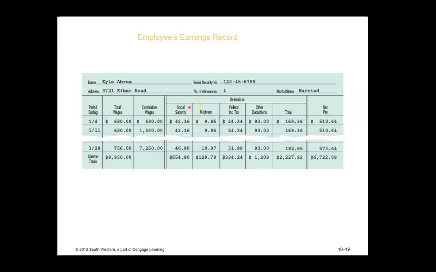And also this is important for W-2s that employees need to do their own taxes, which shows their cumulative wages, also Social Security for the entire year, Medicare, all of the federal income tax that they paid, and so forth.